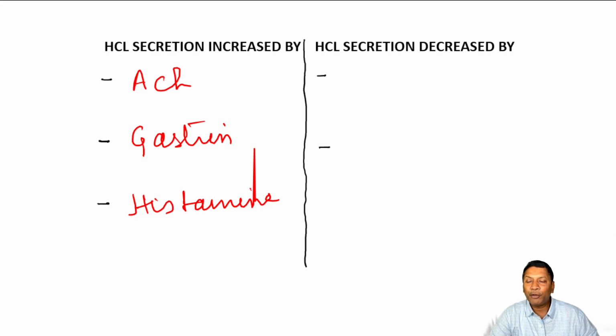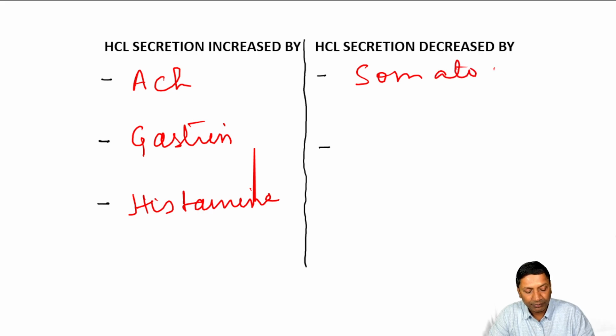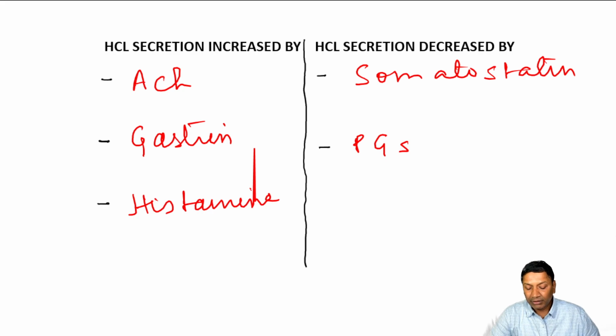Then the hydrogen ion secretion is decreased by the hormone somatostatin, right. Then the prostaglandins, right. So these are the factors which will increase or decrease the secretion of the hydrogen ion, and hence the secretion of the gastric acid, that is the HCl, right.